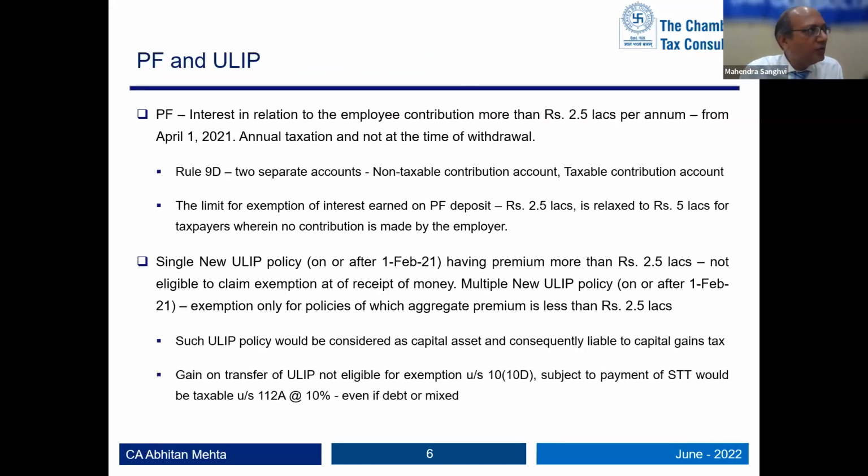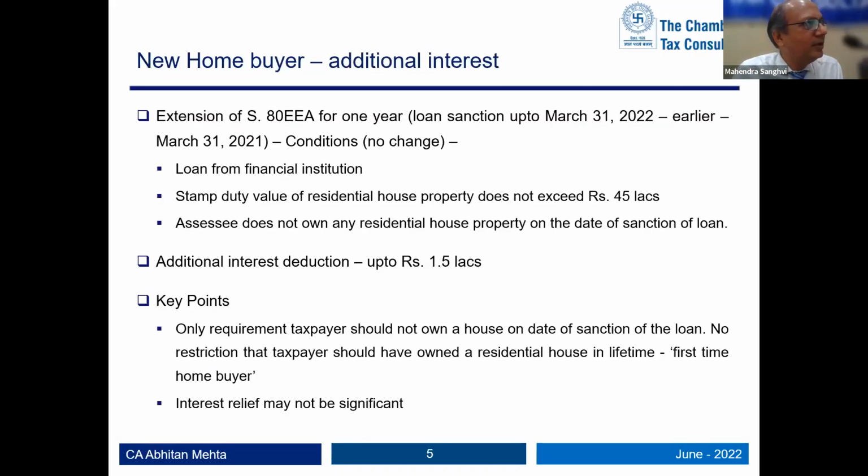Here, Abhitan, the question people would have is whether we have to look only at the stamp duty value, or if the agreement value is, say, more than 50 lakh, because the condition here is that the stamp duty value does not exceed 45 lakh. So in an example, if 50 lakh is the agreement value and the stamp duty value is 45, will he still qualify for this deduction under 80EEA?